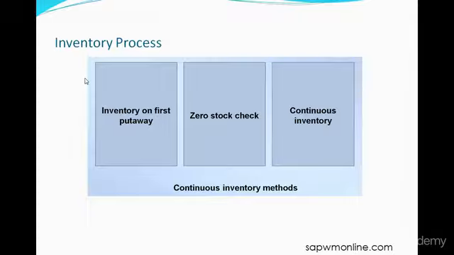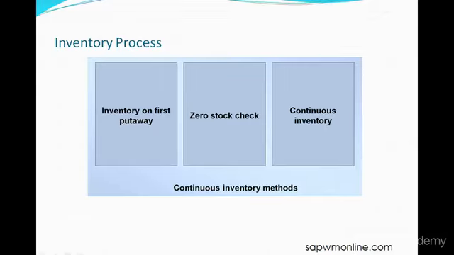So this is a special process, or a variation in the continuous inventory methods, and you can use this depending on the need of the organization. These are the inventory processes and the variations that are available in SAP warehouse management.